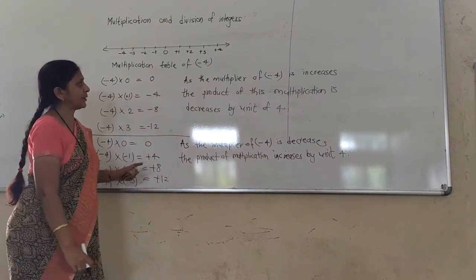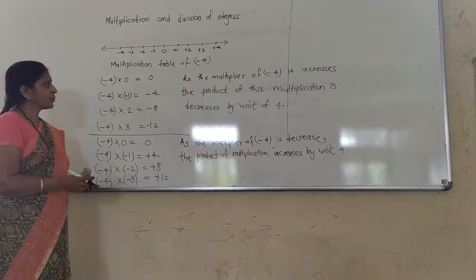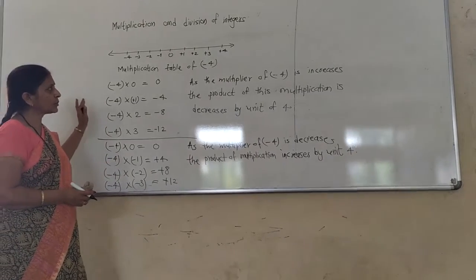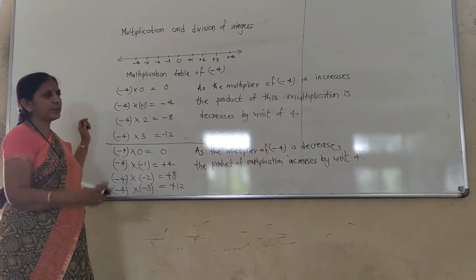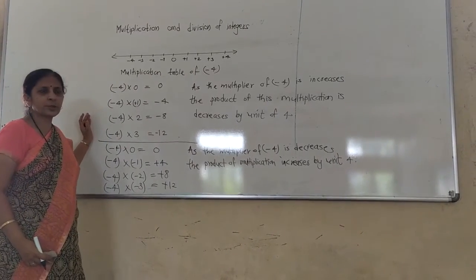The same pattern is followed in both of these multiplications. So from this you can write the multiplication table of minus 4. Similarly, we will try framing the multiplication table of 5.